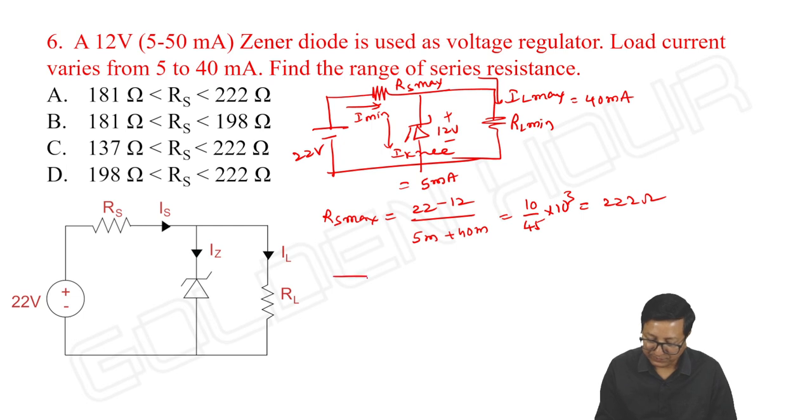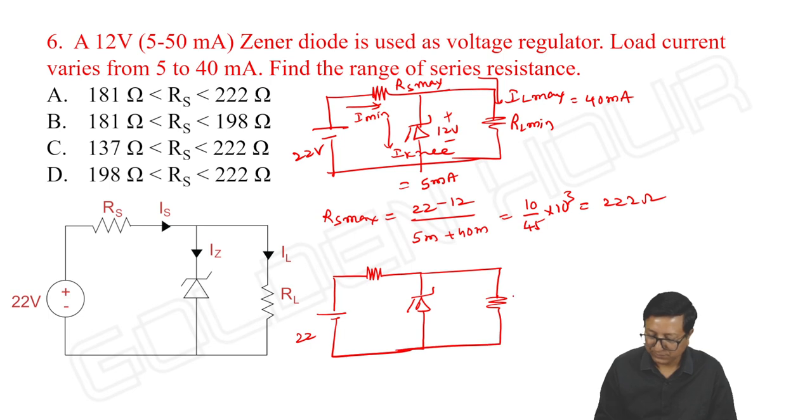Second case, 22. RL is maximum, IL is minimum. IL minimum, it is 5 milliampere.